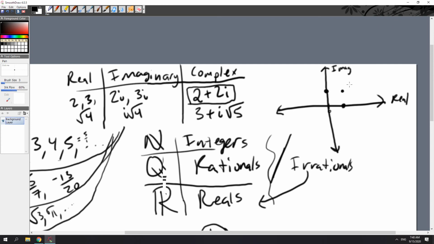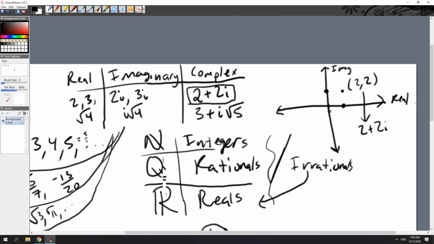So this point right here, which normally you would want to call (2, 2), since this is the complex plane, we actually just call it 2 plus 2i. And this is one of the classic ways of representing complex numbers, and we'll talk about what this means and we'll play around with this.